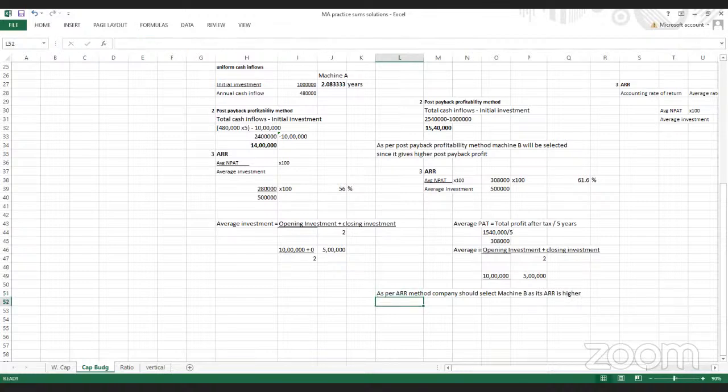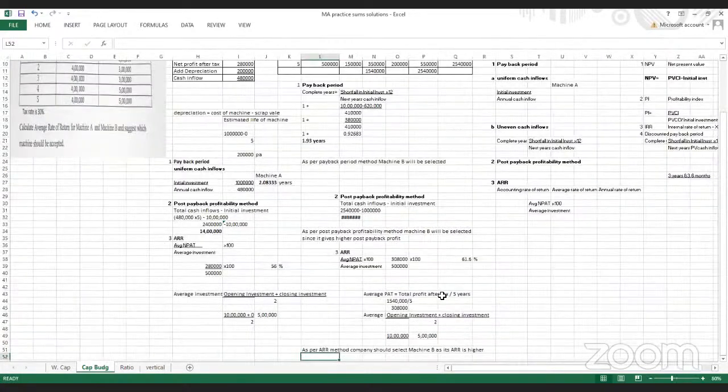Okay, that's it, students. I'll just reduce the size so that you can take a screenshot if you want.